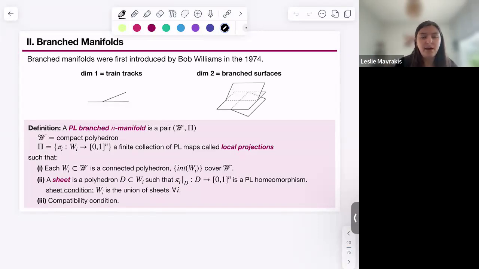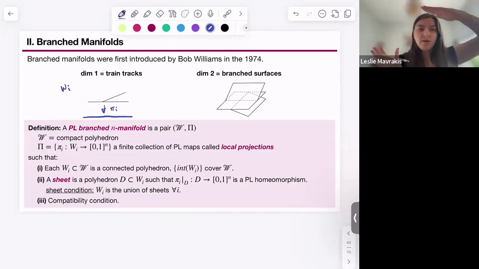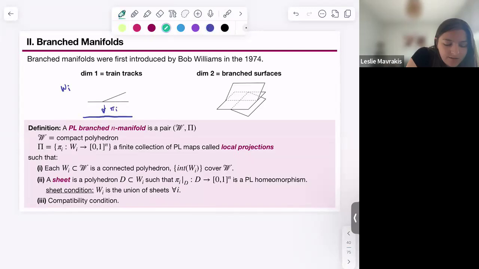They're drawn intuitively, where if this is some W_i, the map down to an interval is really the projection map, which is why we call these a local projection. So you can think about collapsing this train track. And then you ask yourselves, okay, what are the sheets? Well, we have a sheet here, and we have another sheet here.